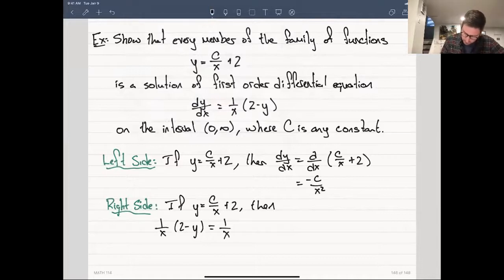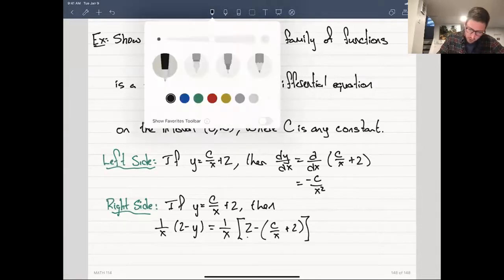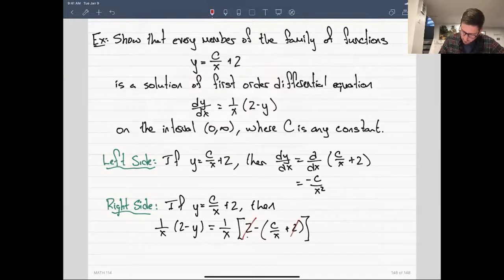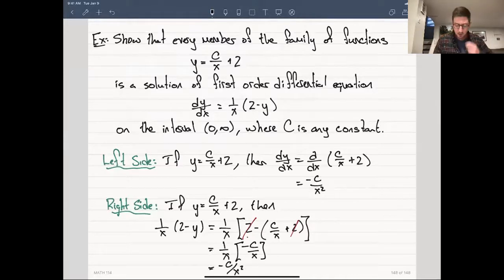I get 1 over x, and then 2 minus c over x plus 2. You can see that those 2's are going to cancel each other out. And on the inside of the brackets, I get minus c over x. And so this gives me minus c over x squared. But this tells me, therefore, left side equals right side.